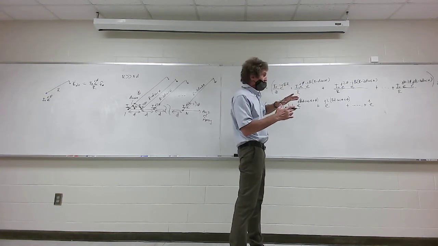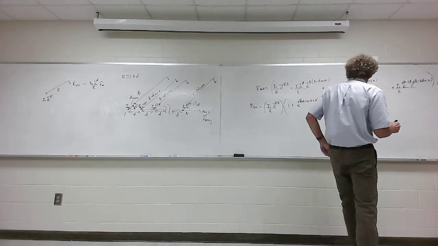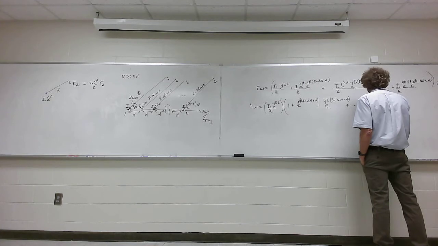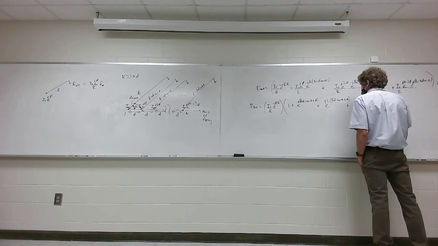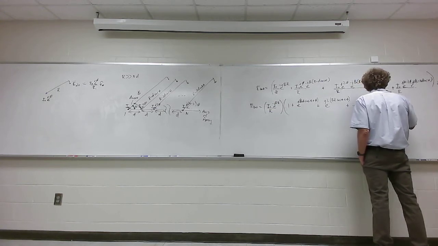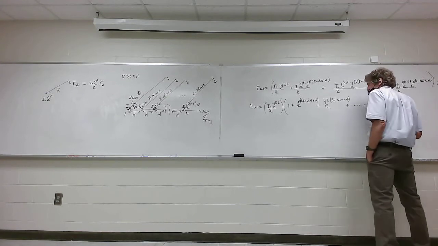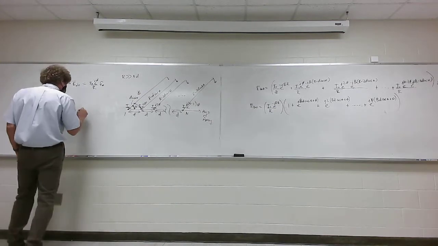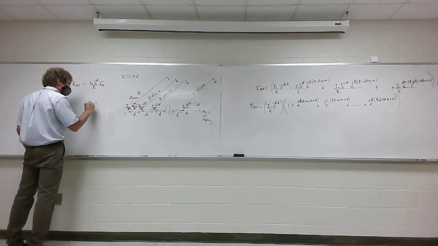I'll explain this in 1 second. When you get down to this, it's going to be e to the j, and this is going to be n times beta d times cosine of theta plus phi. I'm going to explain something to you. N here will be the number of elements.